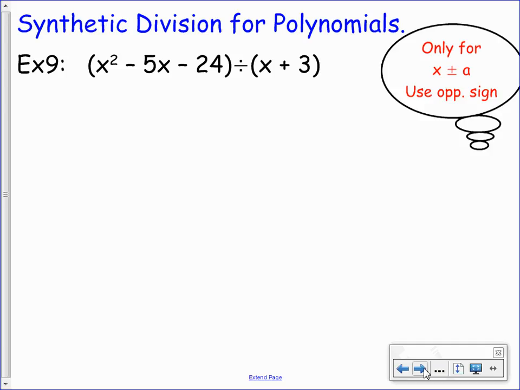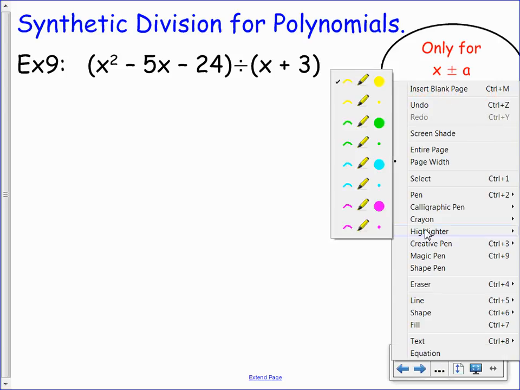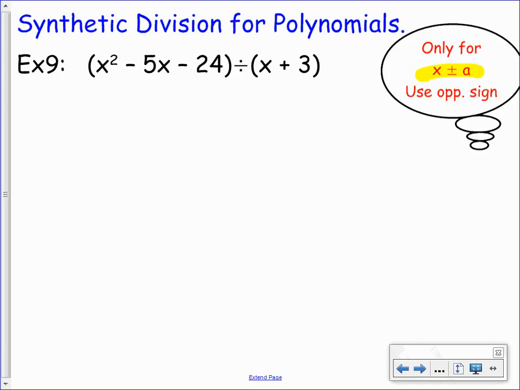It's synthetic because we cut out all of the variables and just use the coefficients. Quick note to self: you can only use it if you're dividing by an expression that says x plus or minus a. If it's not just a linear expression with x plus or minus a, it's not going to work.